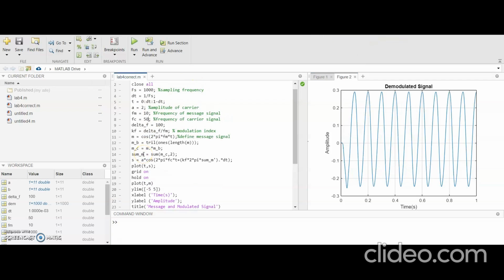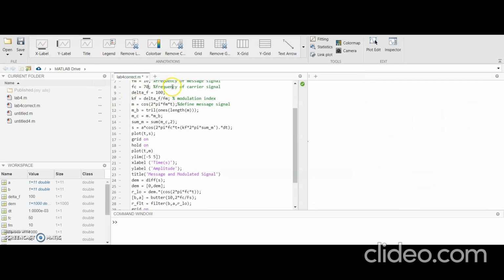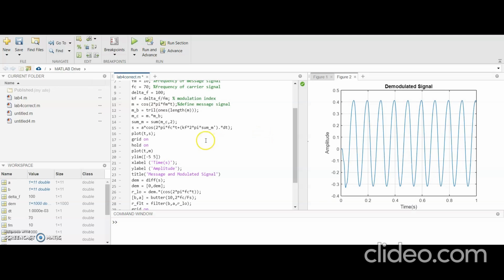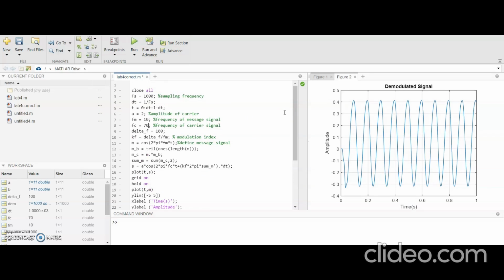Then we change the frequency of the carrier signal, which is Fc. When Fc is 50, the amplitude of the demodulated signal is almost 0.3, and when we change Fc to 70, the amplitude has increased, now it is 0.4 something.